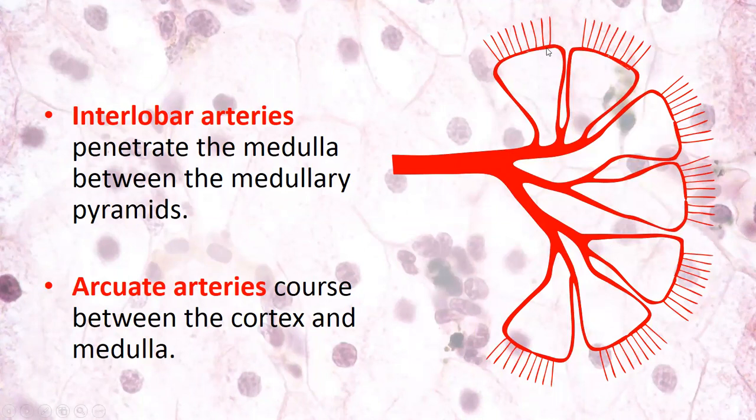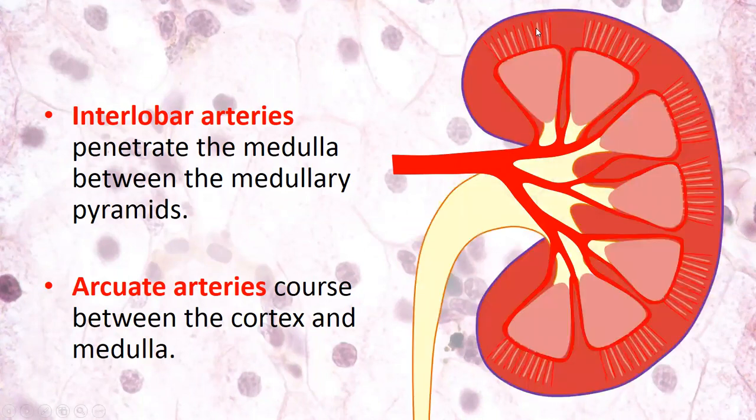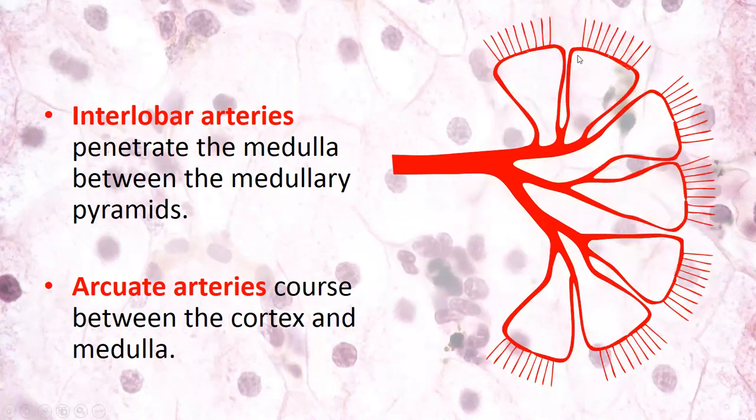We remember that there are medullary rays in the center of each lobule, and between the lobules we have interlobular arteries which have radial direction. So we have the renal artery, segmental arteries, interlobar, arcuate, and interlobular arteries.